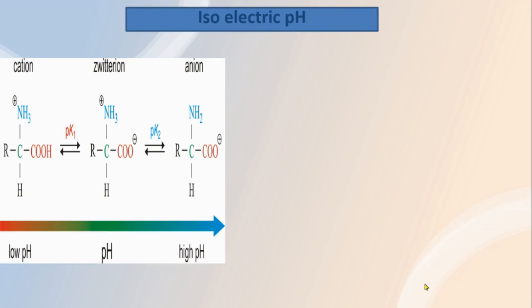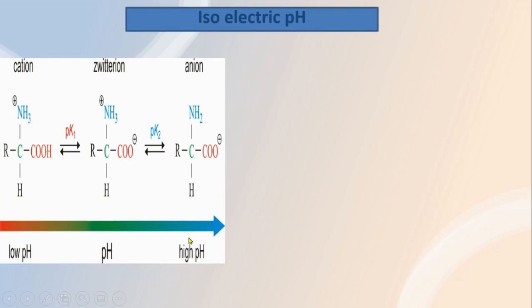Just now we saw that amino acids mostly exist in the Zwitter ion form, where they have both charges, positive as well as negative. The pH at which an amino acid exists as a Zwitter ion is called isoelectric pH.